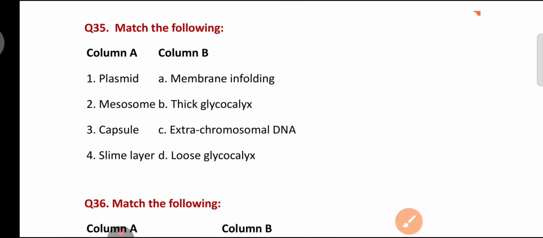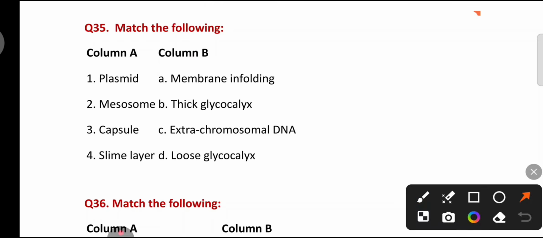Match the following. Plasmid, extrachromosomal DNA; mesosome, a membrane enfolding; capsule, thick glycocalyx; slime layer, loose glycocalyx.